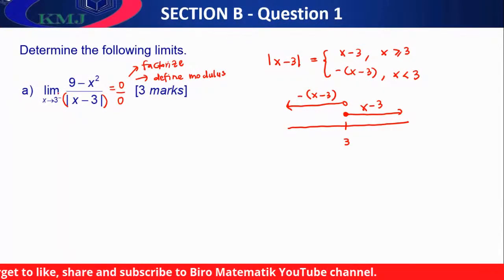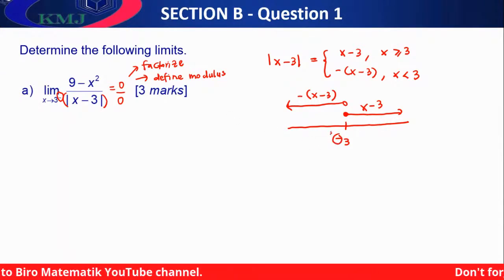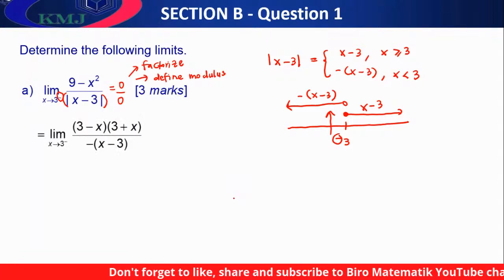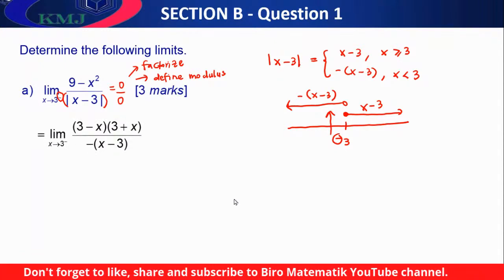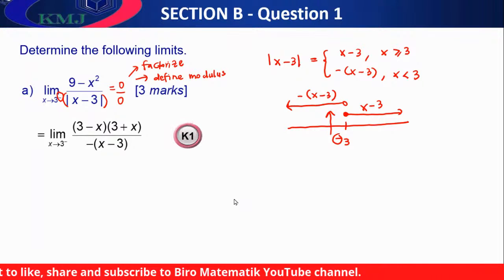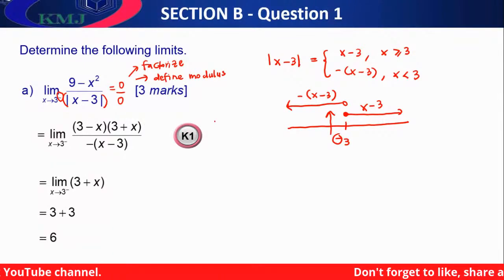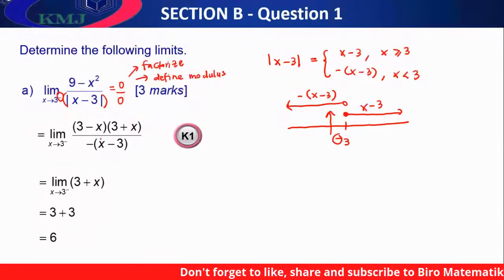Now we want to find the limit as x approaches 3 from the left, so we substitute the modulus x minus 3 with negative x minus 3. One mark for the factorization and a definition of modulus.